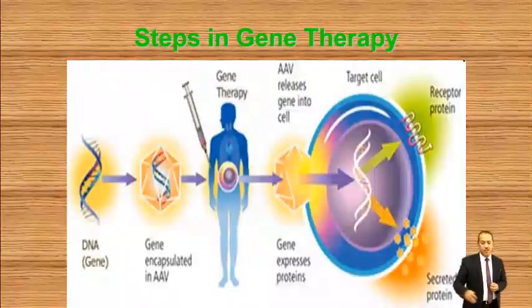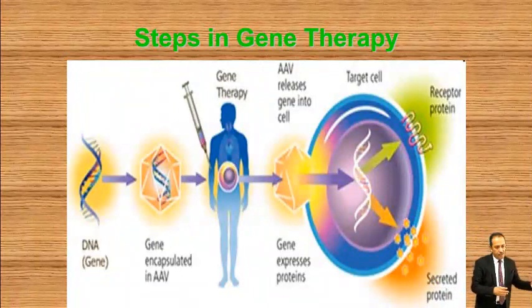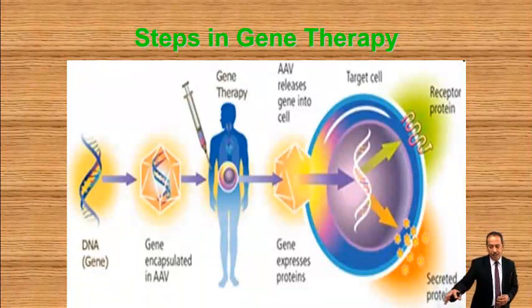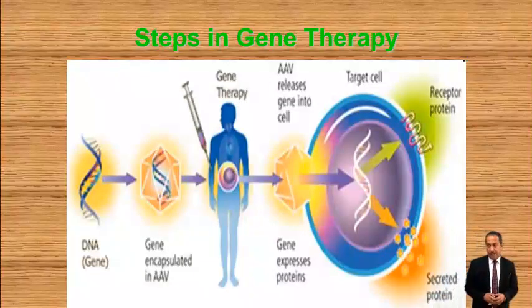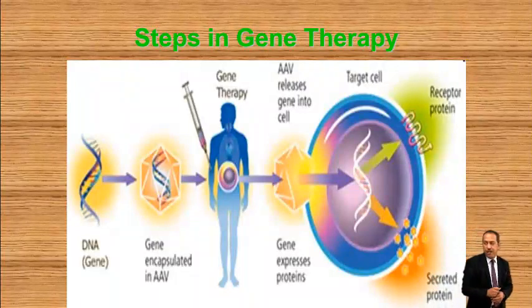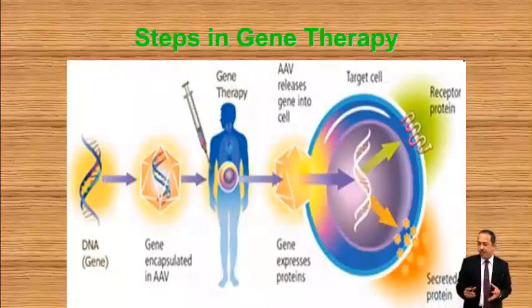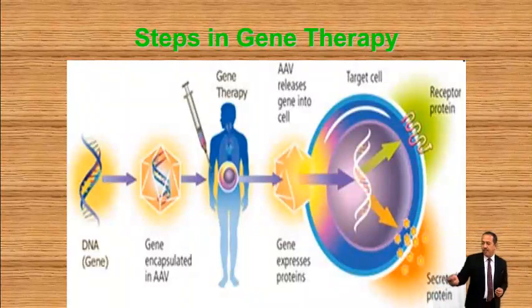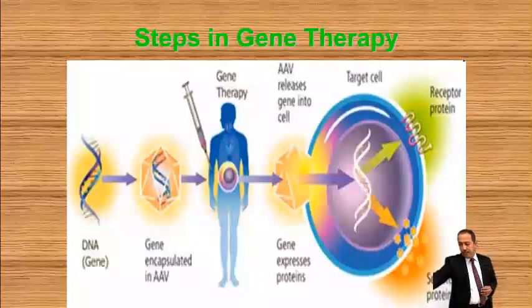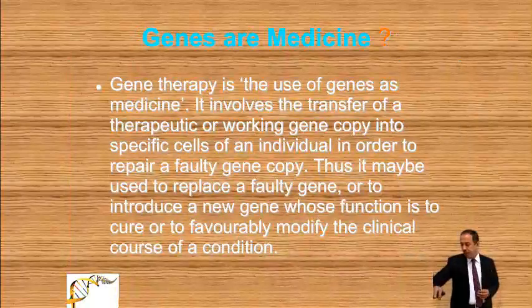The steps in gene therapy go from DNA to a gene encapsulated in adenovirus, and in vivo gene therapy in the arm of the patient. Adenovirus releases the gene to the cells, and the target cells will contain the therapeutic gene.